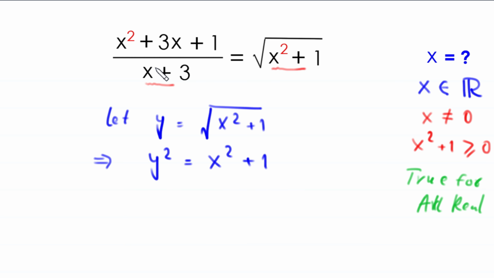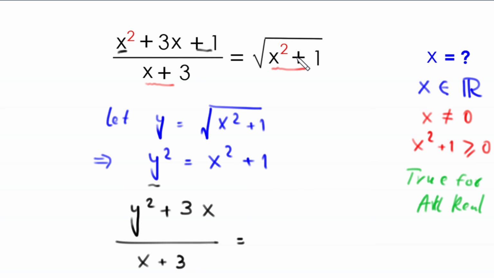So the original equation becomes y squared plus 3x, divided by x plus 3, equal to y.